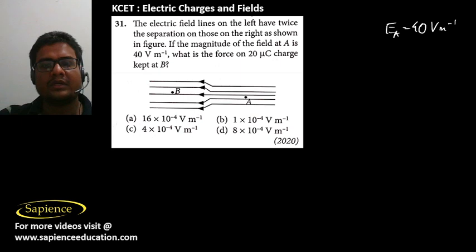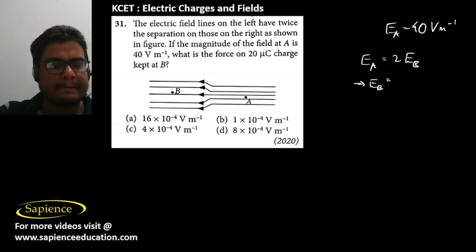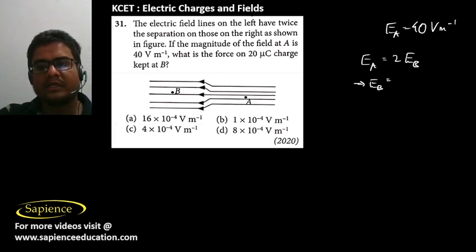What is the force on a 20 microcoulomb charge kept at B? The electric field lines on the left have twice the separation, so the electric field is higher on the right. The field at A is half the electric field at B, so the electric field at B is 20 volt per meter.